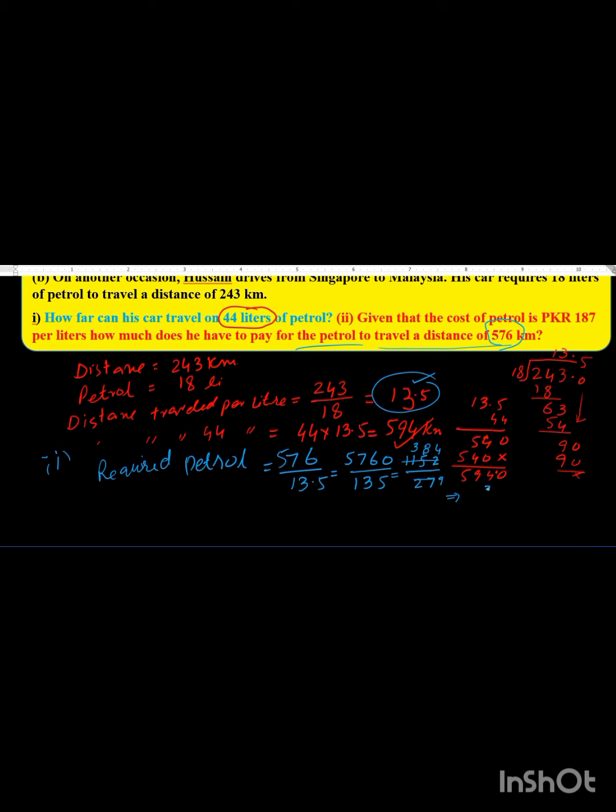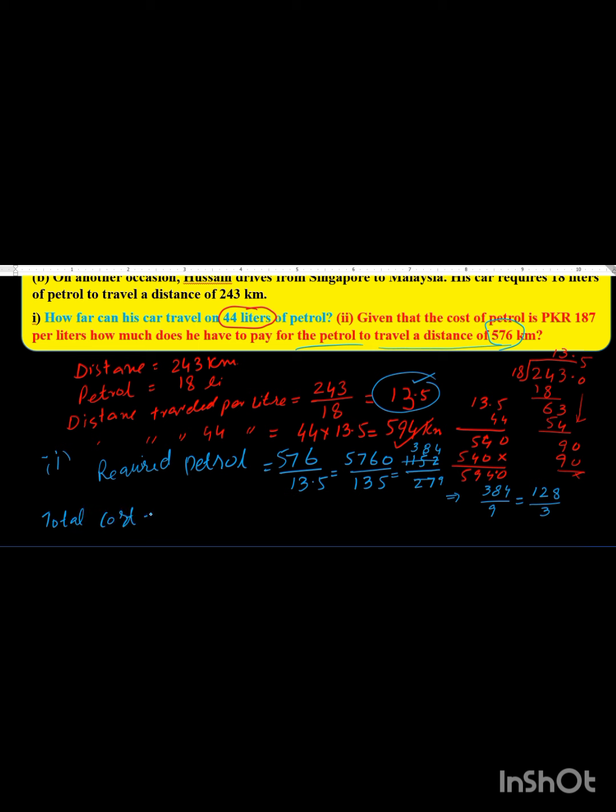Now we will get 384 over 9. It is again divisible by 3. Yes, 3 ones are 3, 3 twos are 6, 3 eights are 24, and 3 threes are 9. So we get 128 over 3, that is the petrol required for 576 kilometers. So what is the total cost in PKR?